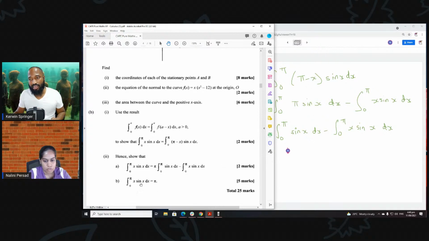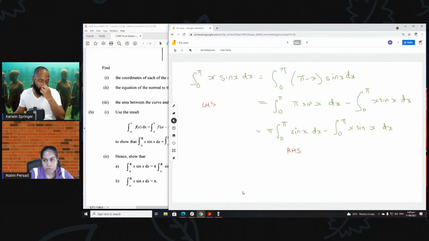All right, and you can do the next part as well. Yeah, so we need to prove that the integral between 0 and pi of x sine x dx. Oh, I went to the next sheet.